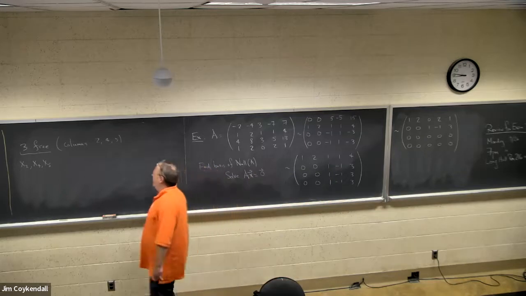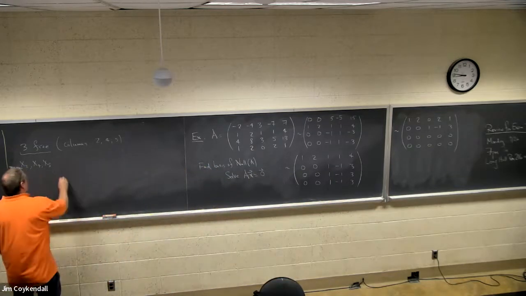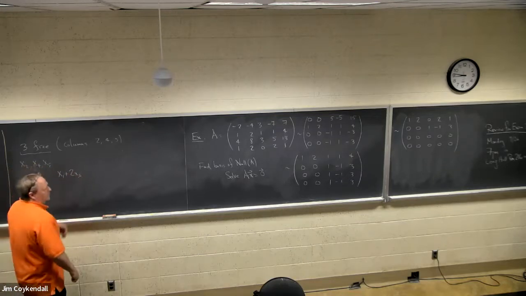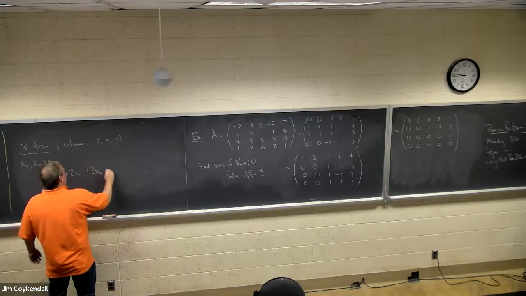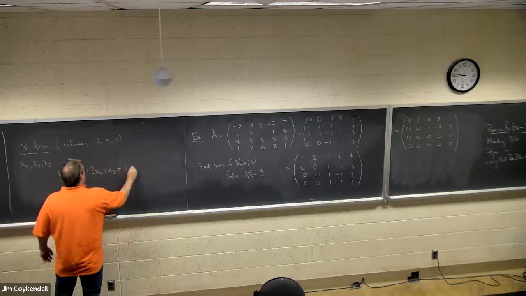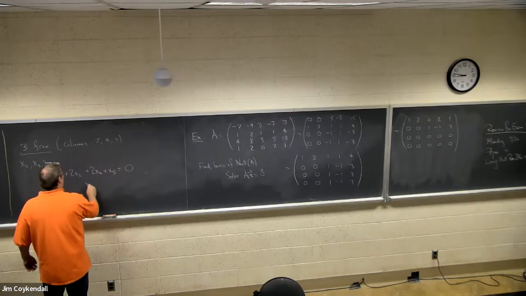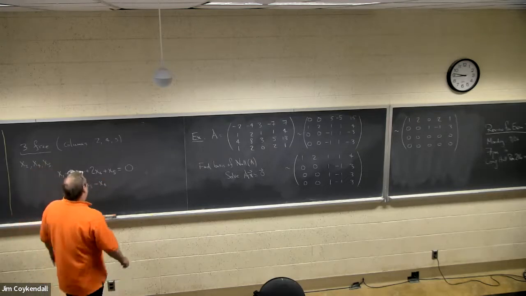So I get the following equations. I get the first equation, X1 plus 2X2 plus 0X3 plus 2X4 plus X5 equals 0. And I get X3 minus X4 plus 3X5.